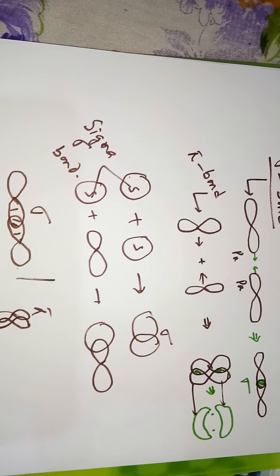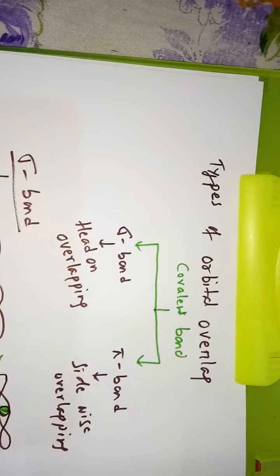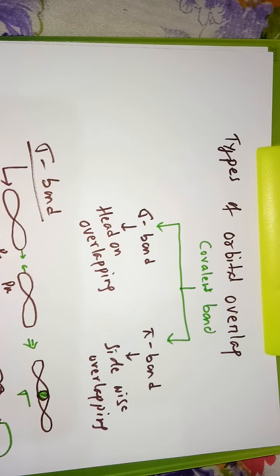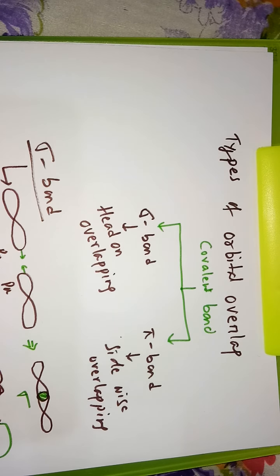Now another point that I want to share with you: the first bond formed between two atoms is always a sigma bond, and the rest of the bonds are pi bonds. For example, if I take hydrogen, between 2 hydrogens there is always a sigma bond.